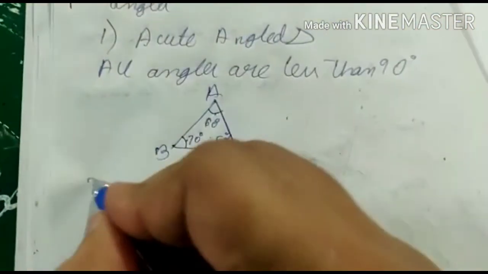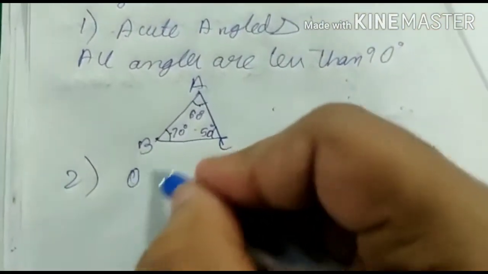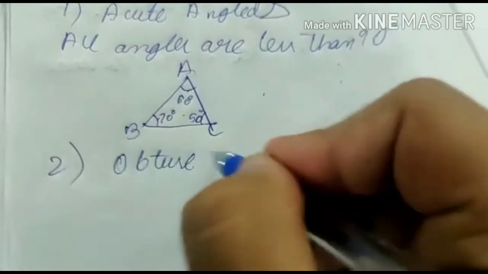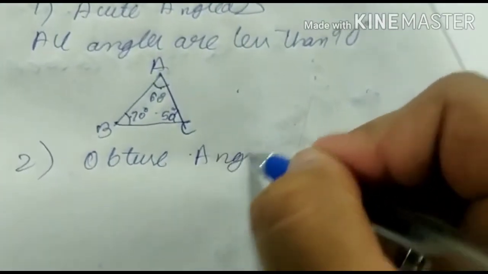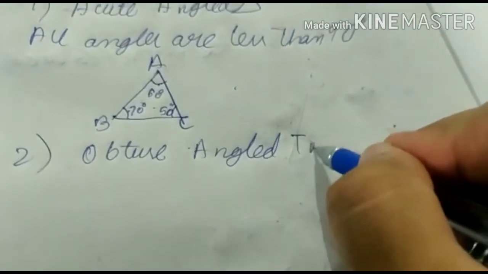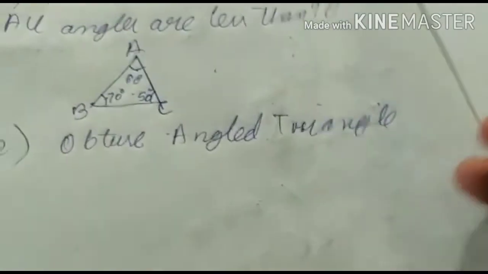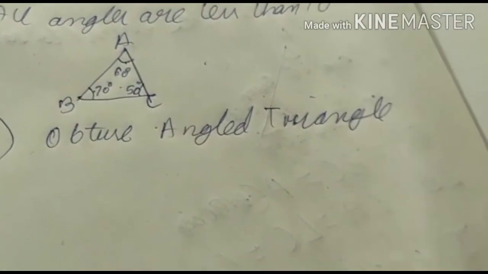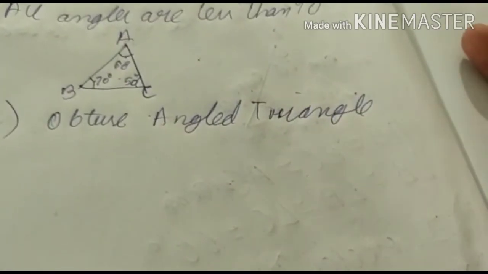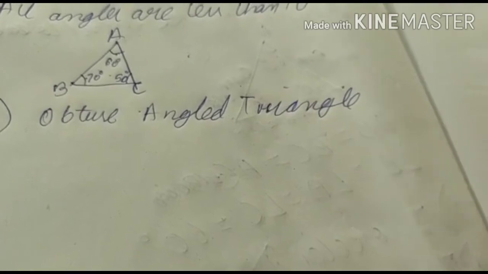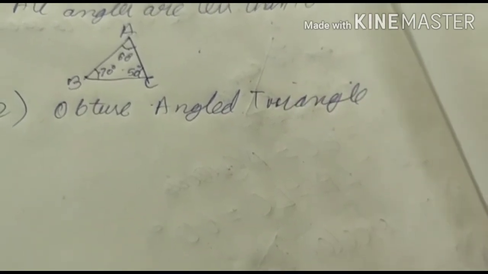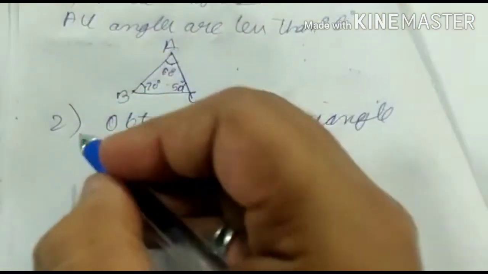Okay, so our second type of triangle is the obtuse angled triangle. Okay, what does this mean? An obtuse angled triangle means a triangle that has one angle greater than 90 degrees.